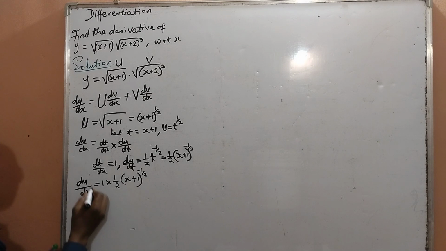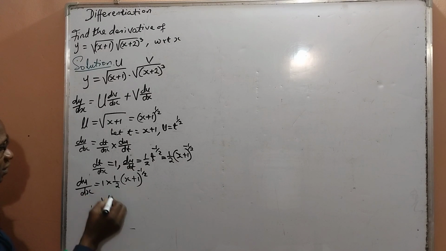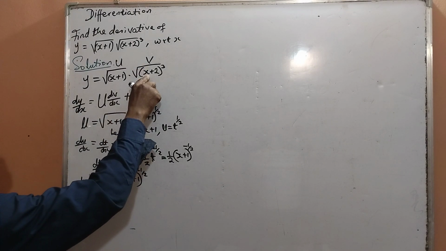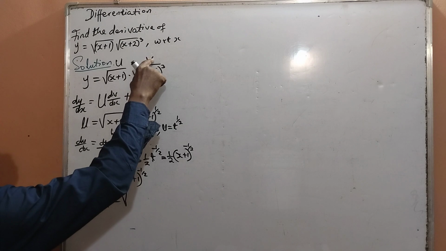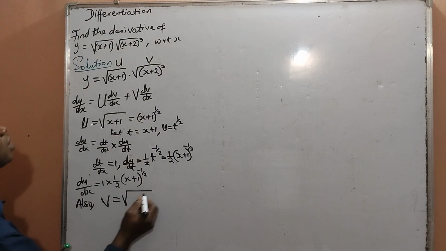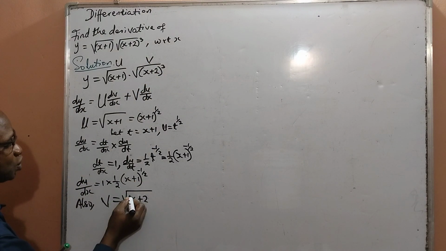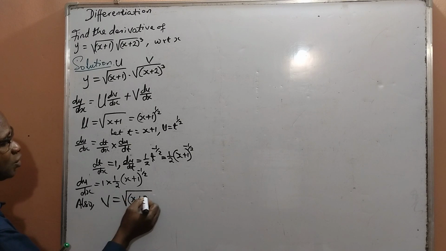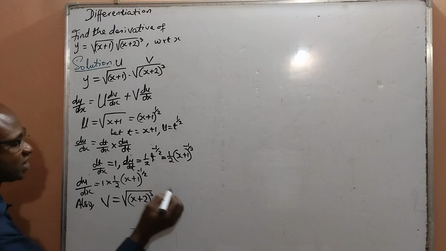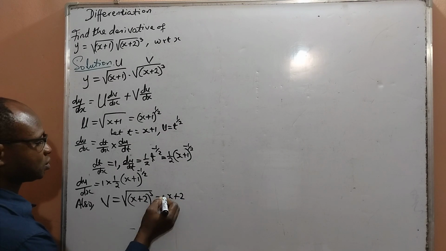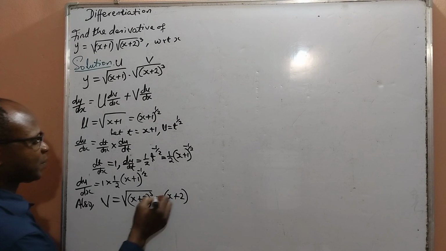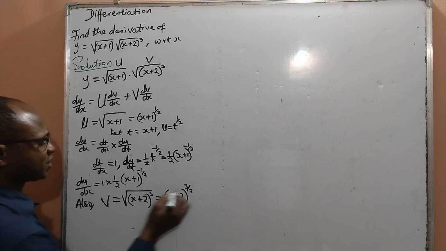Therefore, v is equal to the square root of x plus 2, then to the power of 3, which is the same thing as x plus 2 raised to power 3/2.